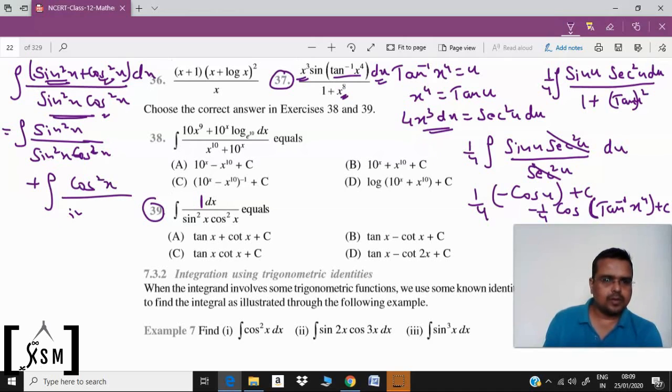Now sine square is cancelled, and here cos square is cancelled. We get 1 over cos square x, which is nothing but sec square x, and its integration is tan x. In the second part we get 1 over sine square x, which is cosec square x, and its integration is minus cot x.